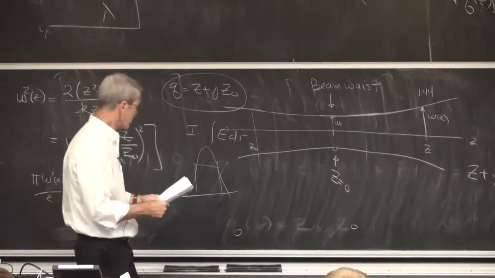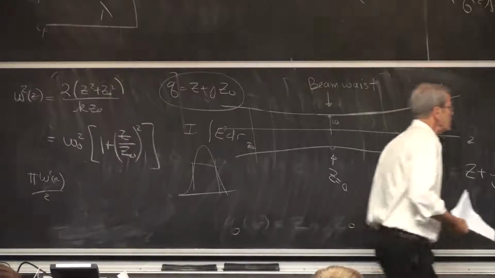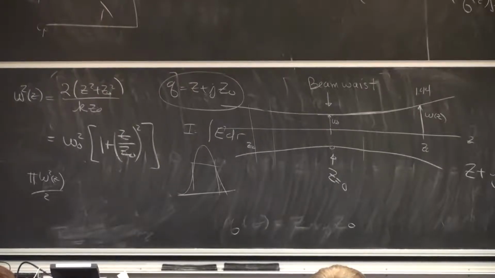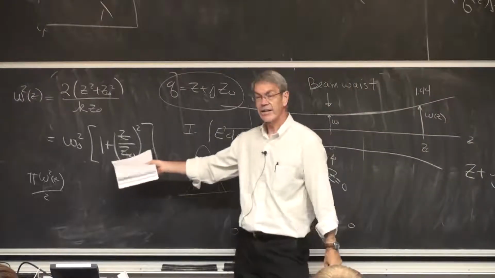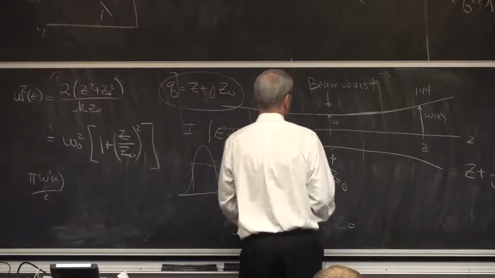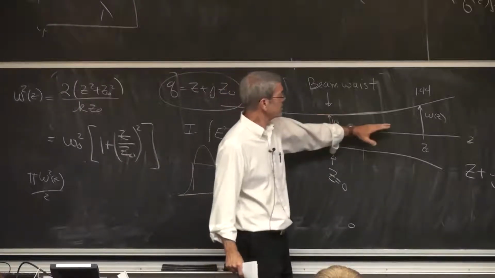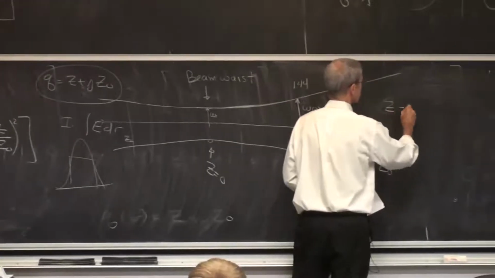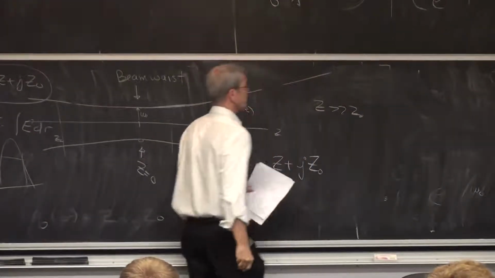One last thing, let's look at diffraction. I want to look at the phase term next. But if I look at this, I can actually estimate the diffraction angle of my beam. Here it's kind of collimated. Let's go way out here where z is much, much greater than z naught.